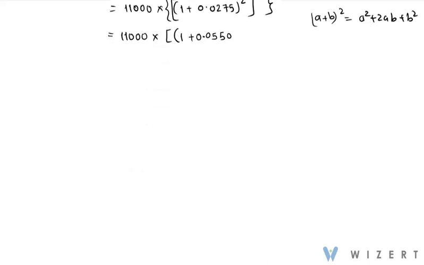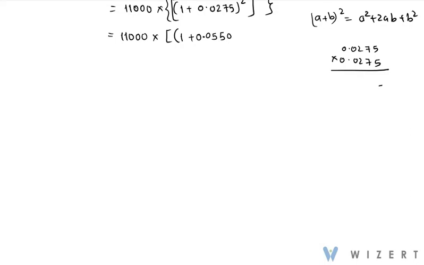That is 0.0275 whole square. So let's calculate that. 0.0275 multiplied by 0.0275. So this square we can find using the property of the square of a number which has 5 in its units place.